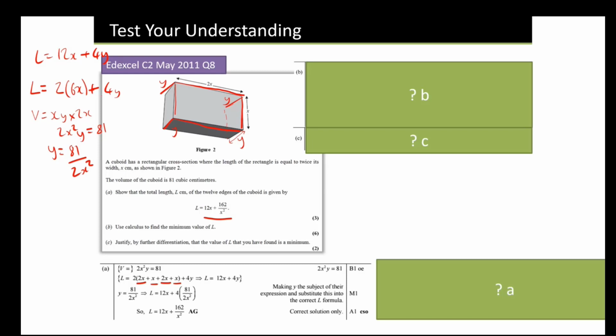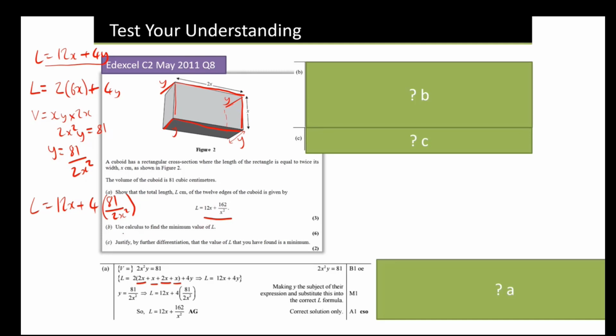So we substitute this into our nice formula over here. So we get L equals, and we can see our 12x up here, plus 4 times 81 over 2x squared. And when you simplify all this, you do get that. That's a nice easy 3 marks.